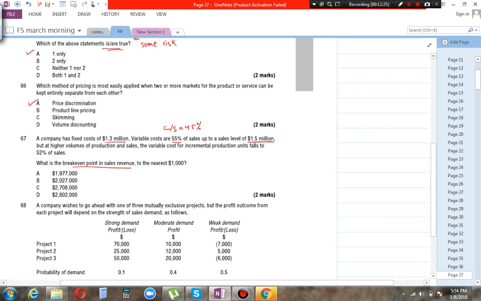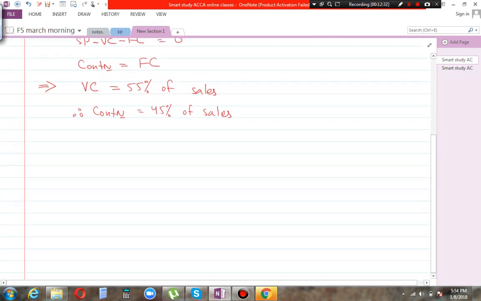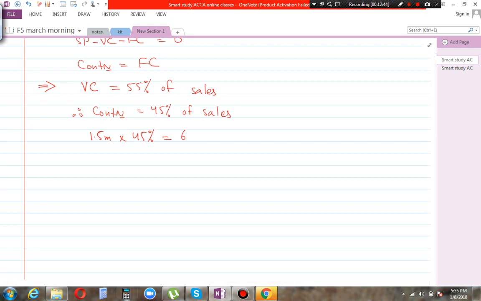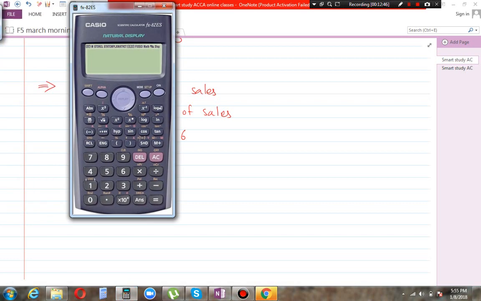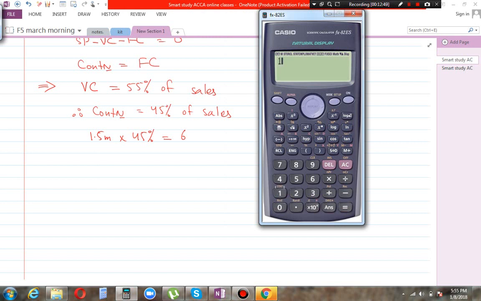So 1.5 million multiplied by 45% should be equal to, let's double check, I'm not sure about this figure. 1.5 multiplied by 0.45, multiplied by 1 million, should be 675.